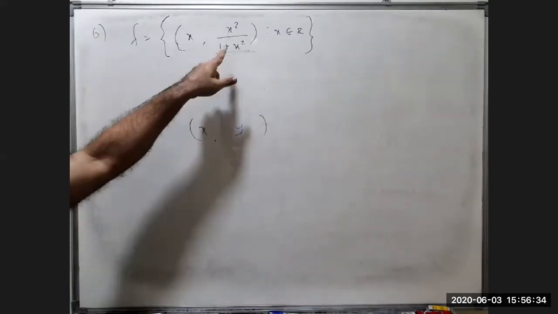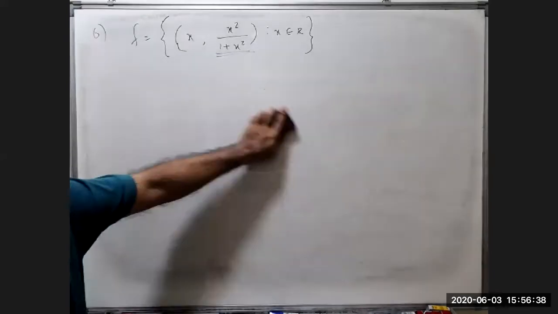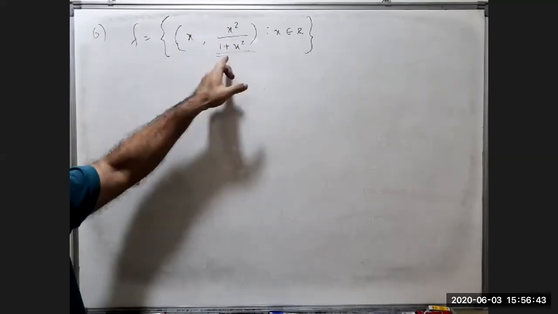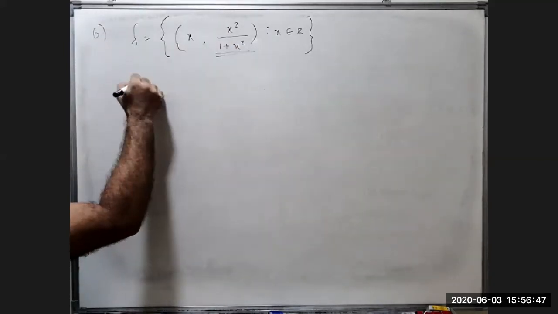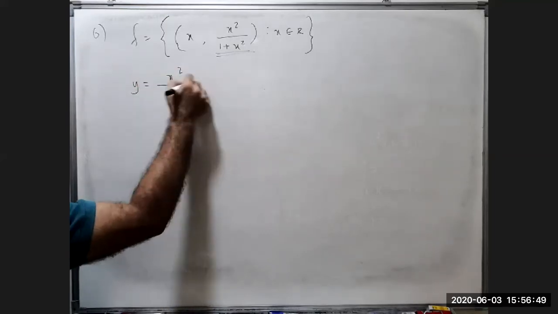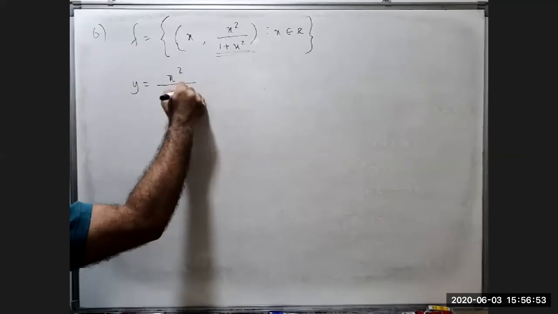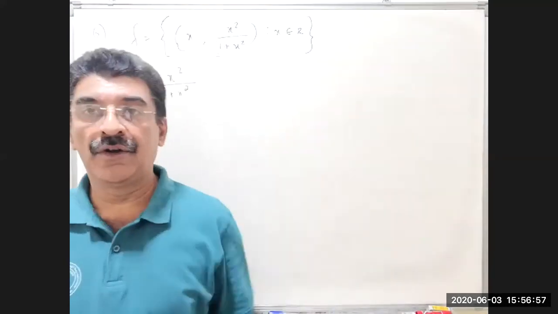So this is the y coordinate: x square by 1 plus x square. So here, y is equal to x square by 1 plus x square. This is given. In an ordered pair, the second number is for the y coordinate.